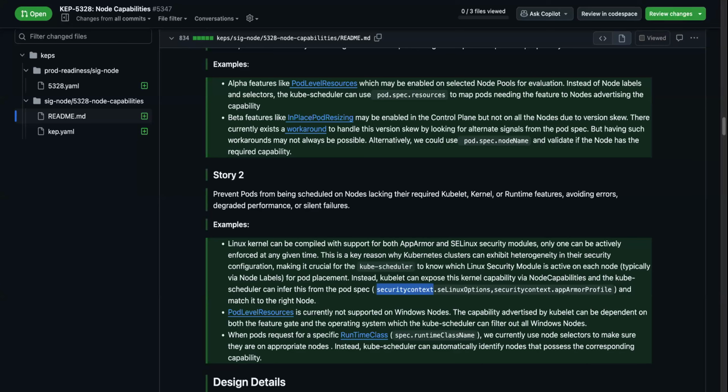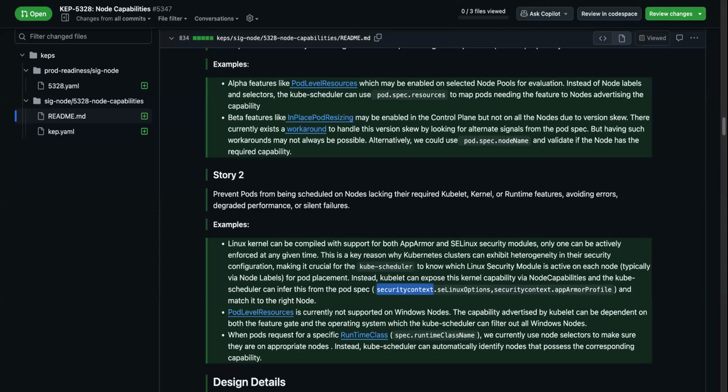During the initial brainstorming, we did discuss including things in the pod spec that indicate whether a capability is required or not. I think we decided to exclude that from the alpha stage for this KEP.